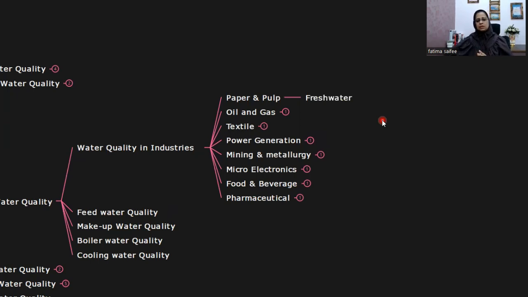In any case, if fresh water is not available, groundwater may be used after treatment. Different processes are there in the paper and pulp industry, so it is always recommended to use fresh water.